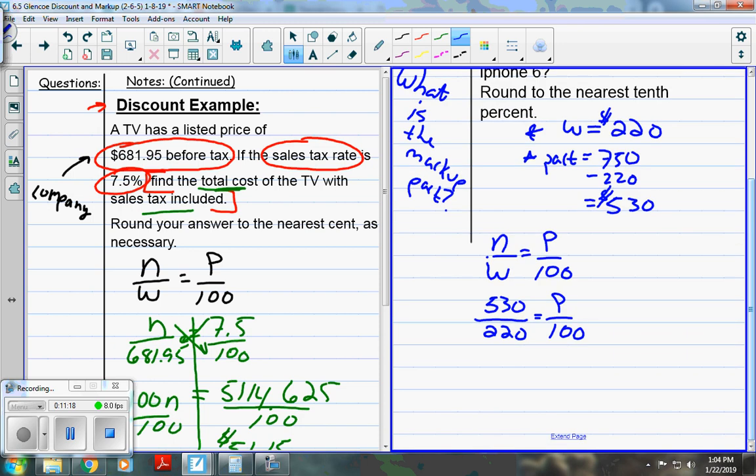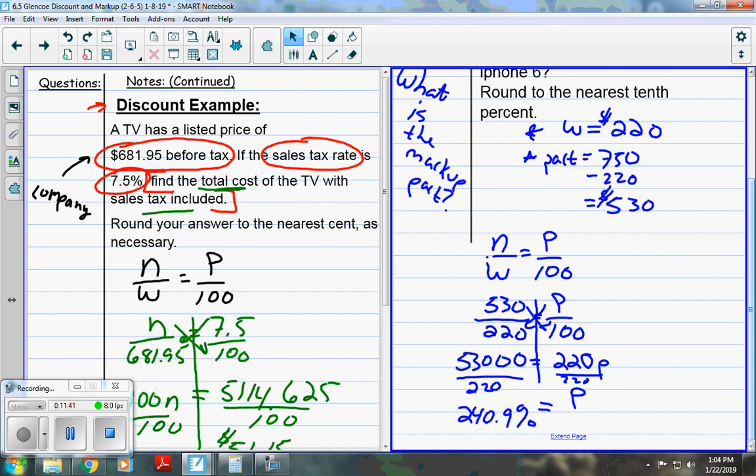After doing our cross products and our multiplication, you should find out that Apple is actually marking up this amount by almost 241%. We find out that this is 240.9%. That's how much markup is on our item. And that means that they raised the cost to produce it by 240% before they sell it. And we'll talk about why they actually should do some of that, but not all of that possibly.